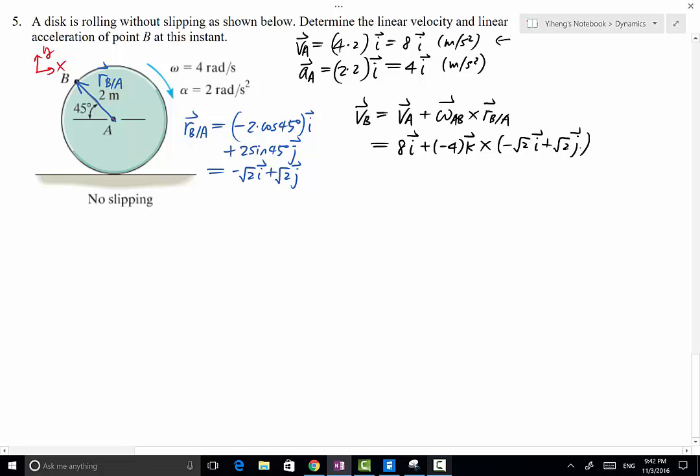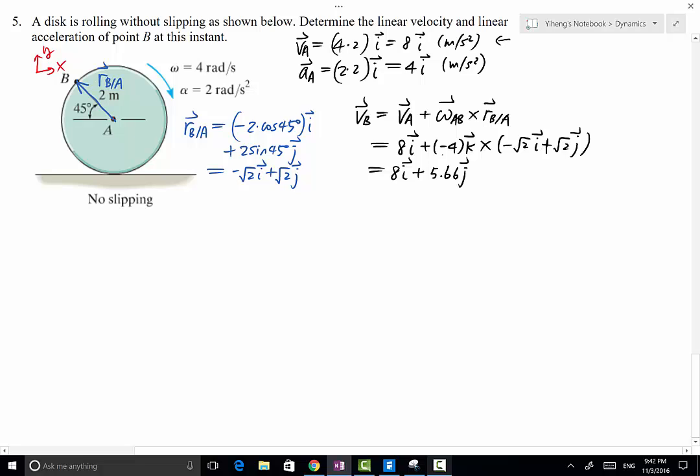So that equals 8i. And then k cross i equals positive j. Two negative signs cancel each other out. So this equals 4 square root of 2 j, which is 5.66j. And then k cross j equals negative i.